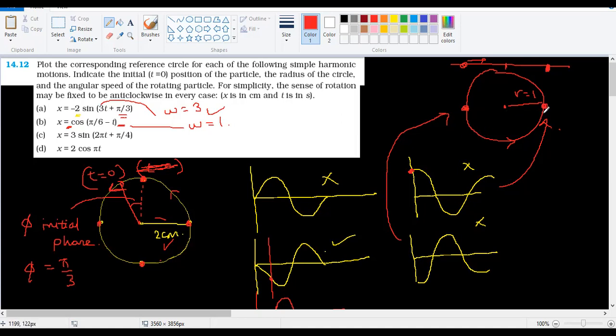I'm just wondering. So now I said that this is my starting point. Pi by 6 is the initial phase: minus t plus pi by 6. Since it is plus pi by 6, the location will be taken somewhere here.